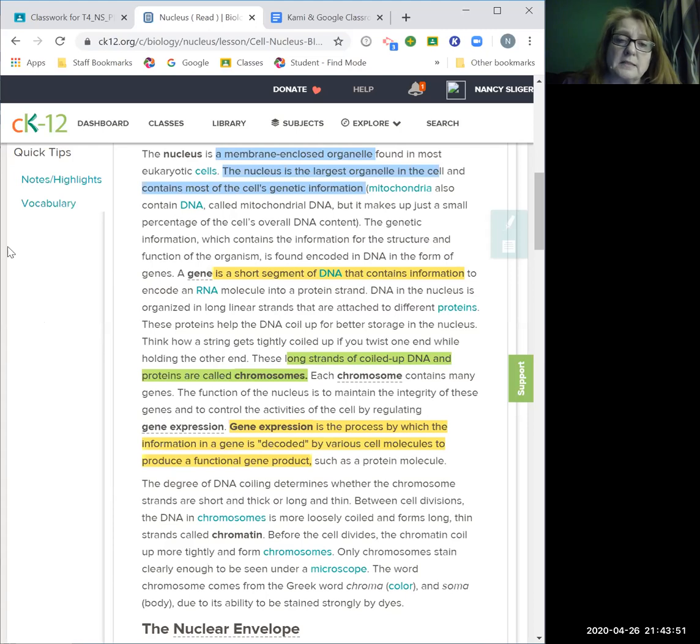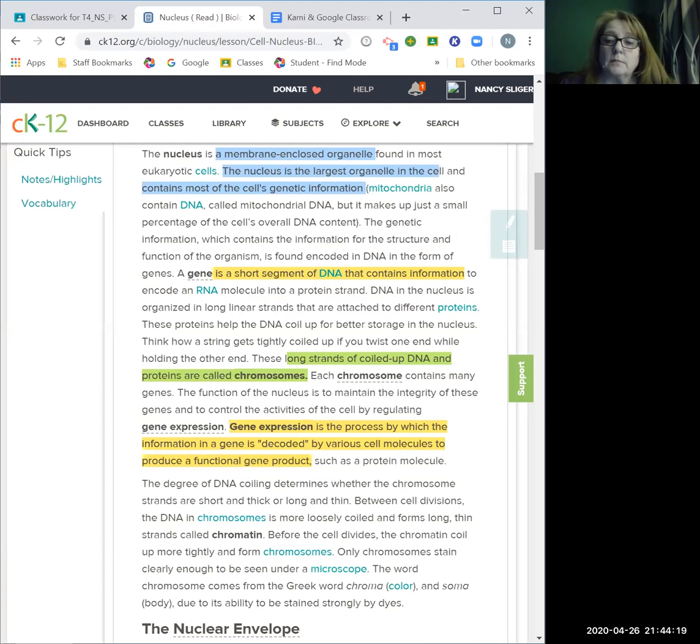The DNA is a big molecule, and it has the ability to coil up around proteins, and those coiled DNA sections are called chromosomes. But when the DNA needs to be copied, it has to uncoil so a pattern can be made off of it, and when it's uncoiled, it's called chromatin. When it's coiled up, it's called chromosomes.